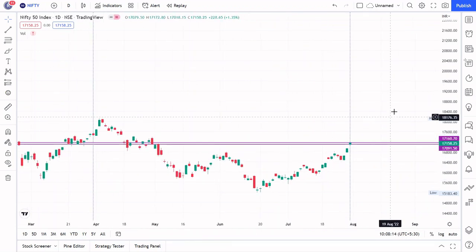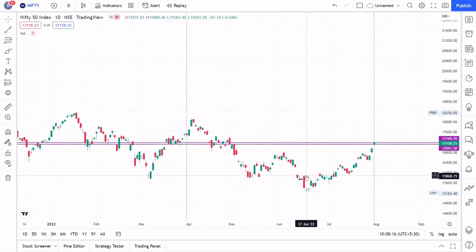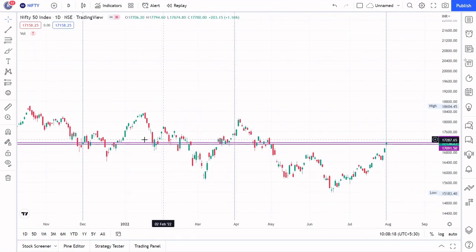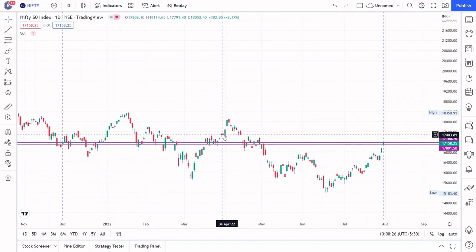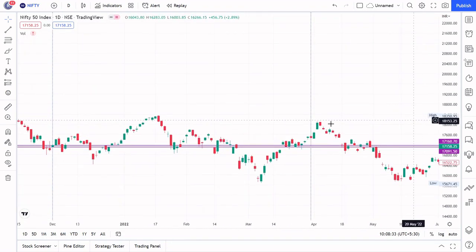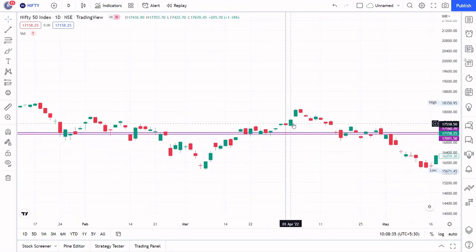Now let's find support and resistance. So my first resistance is this, where market is already trading. Let's leave that. And my second, so we come to here. So my first resistance would be over here, the candle which was formed on this particular time cycle.